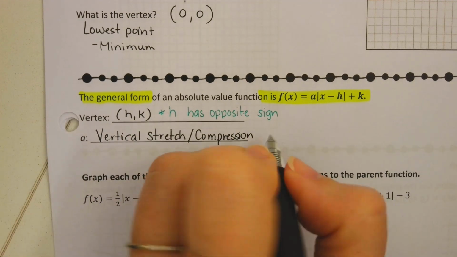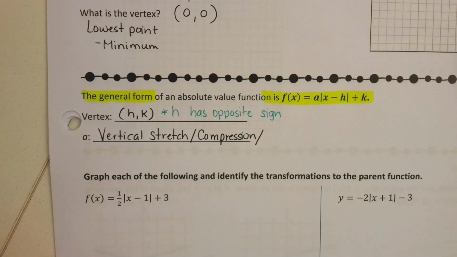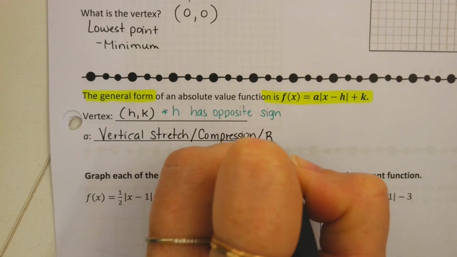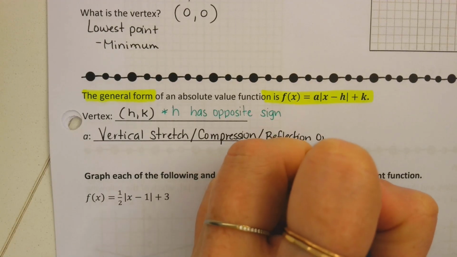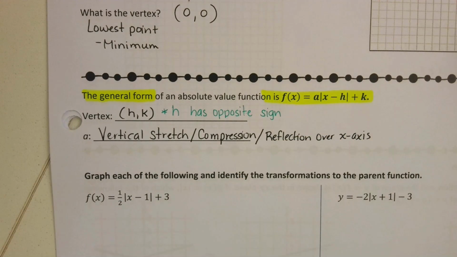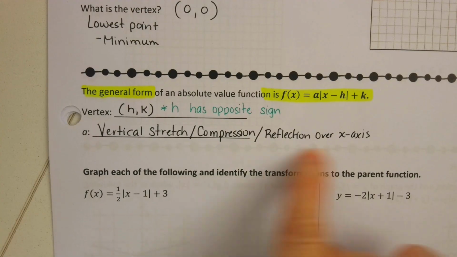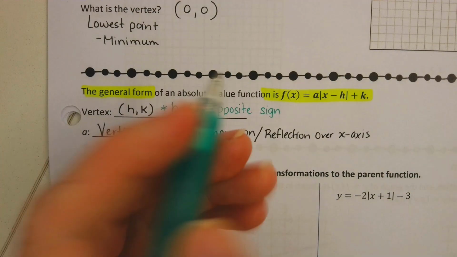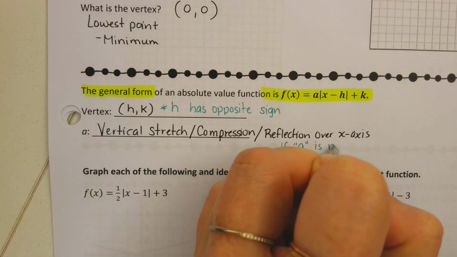And then it can also, based on its sign, the A value can also cause it to be a reflection over the x-axis. Reflection over x-axis. Okay, so to figure out which one of these it is, first off, reflection over the x-axis is going to happen if it is negative. So I'm going to say if the A is negative.